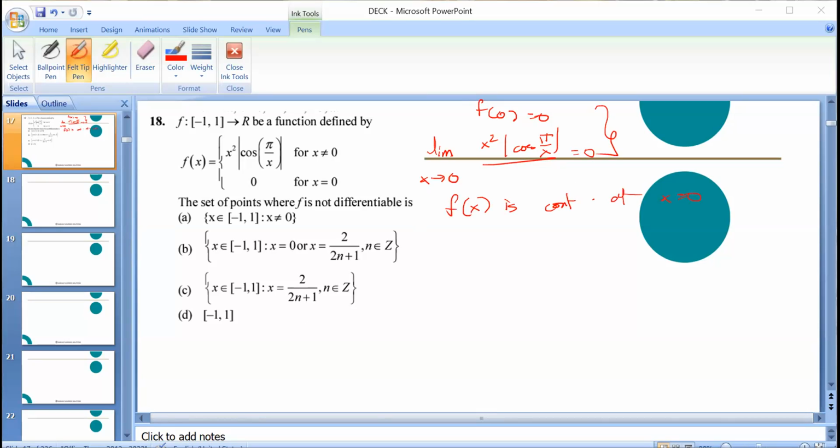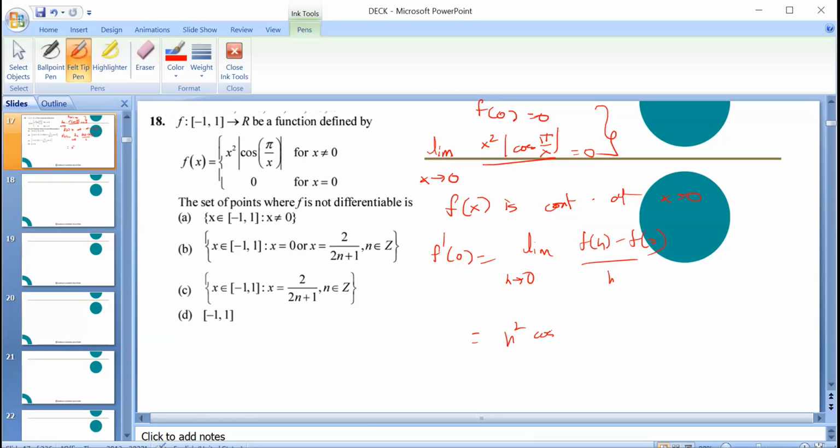Now we will check the differentiability. F dash of 0 is limit of f of x minus f of 0 by x as x approaches 0. What is f of x?